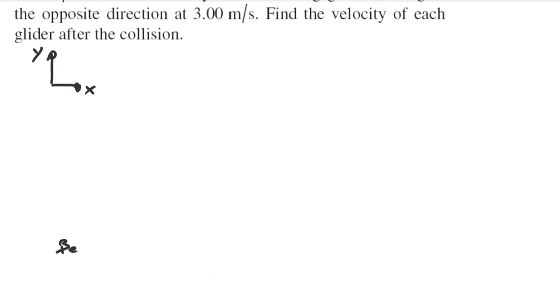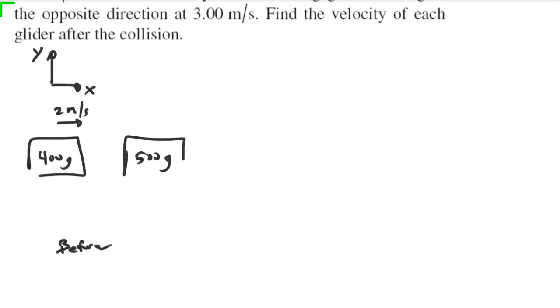So before, we have a 400-gram glider right here that was moving to the right at 2 meters per second. And we had a 500-gram glider which was moving to the left at 3 meters per second.